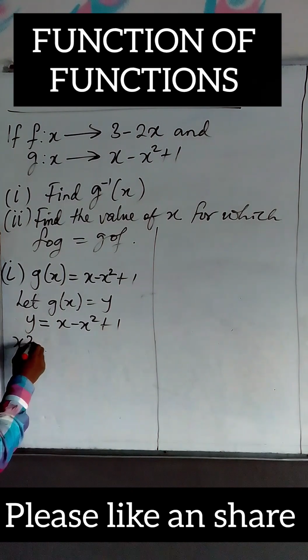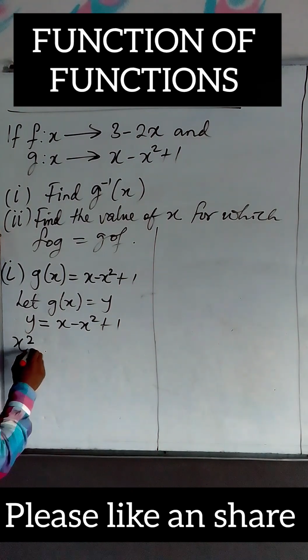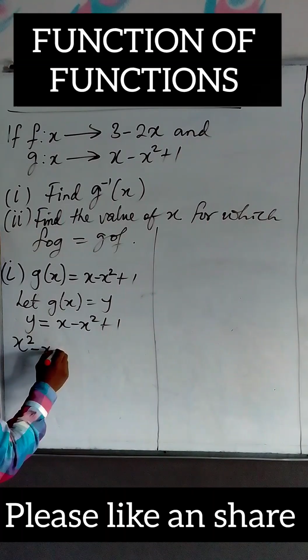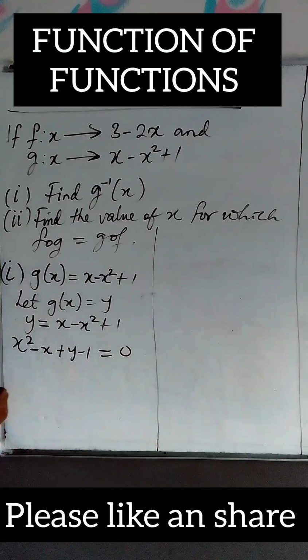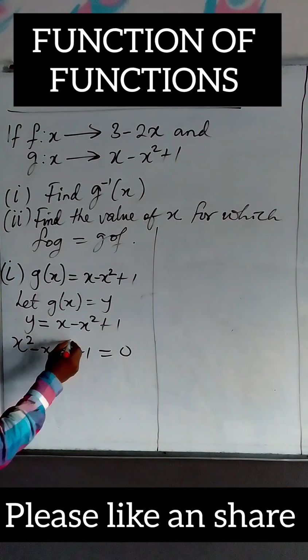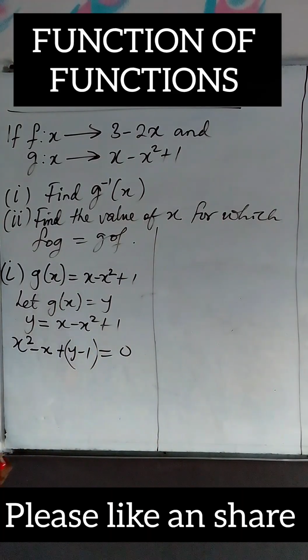So our x squared minus x plus y minus 1 will give us 0. We have a quadratic equation in x to solve for x. I will term this y minus 1 as our constant term.